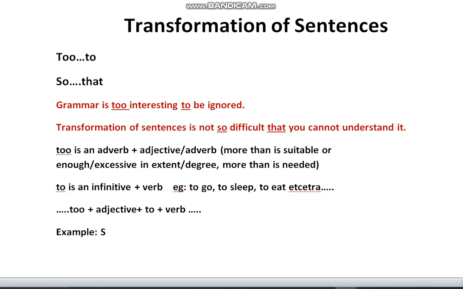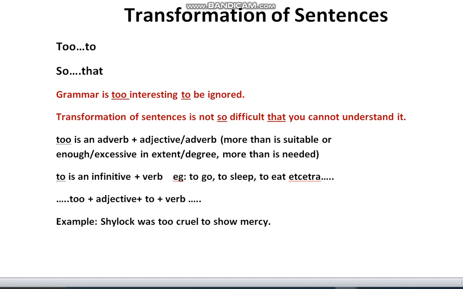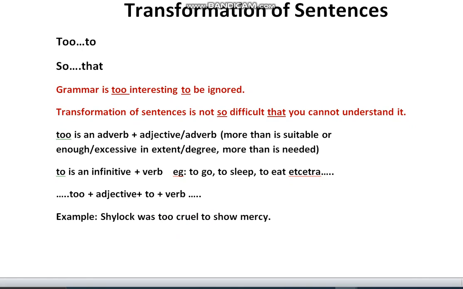Example: Shylock was too cruel to show mercy. We all know this. Here, "too" is followed by the adjective, that is cruel, then the infinitive and the verb, and then mercy, the remaining sentence. Shylock was too cruel to show mercy.